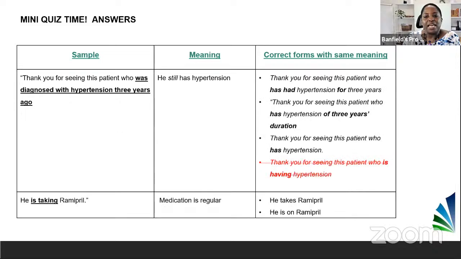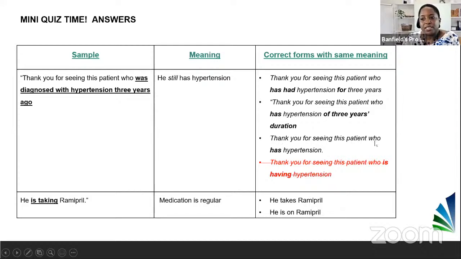But now I'll give you the answers. So you want to convey that the person still has hypertension. You can say, thank you for seeing this patient who has had hypertension for 3 years. You can say, thank you for seeing this patient who has hypertension of 3 years duration. Now here you've used the simple present, but you're using this form, 3 years duration, which means the same thing.